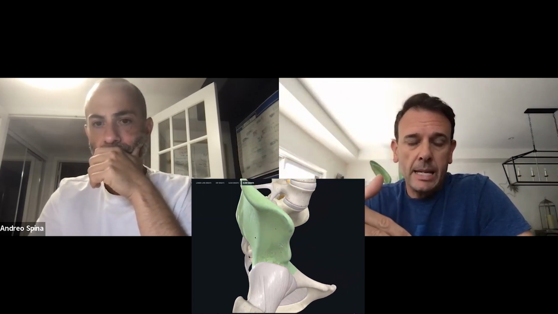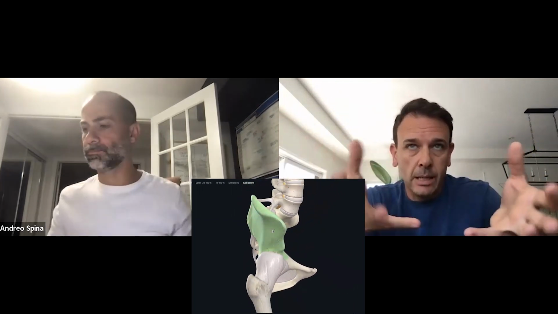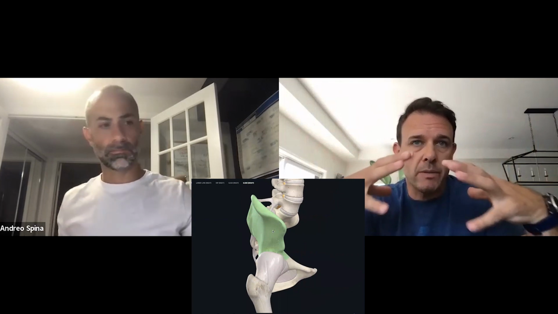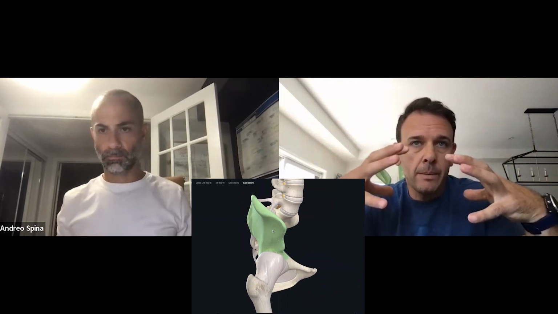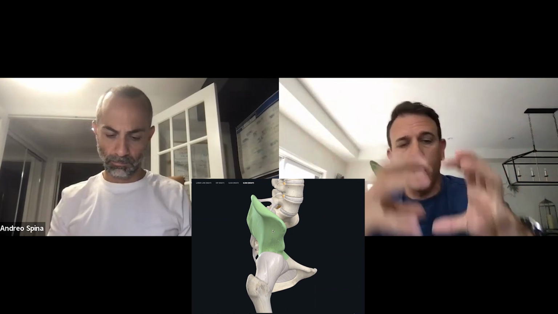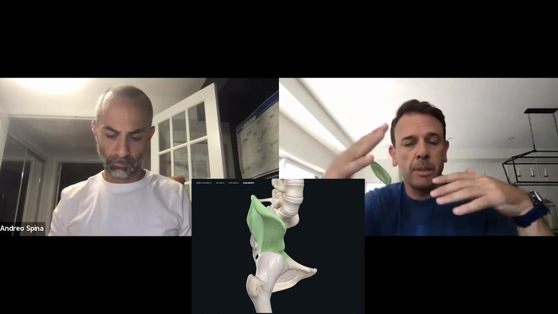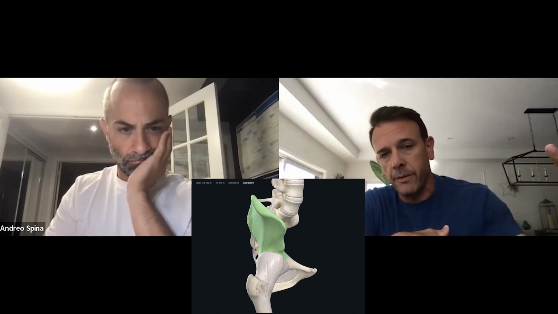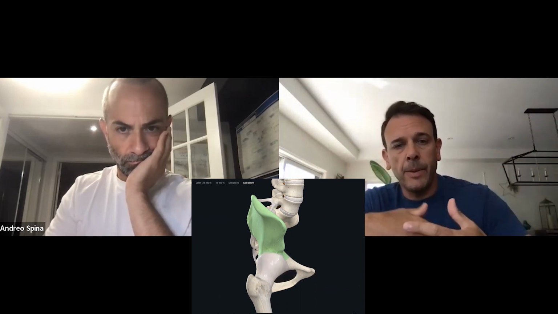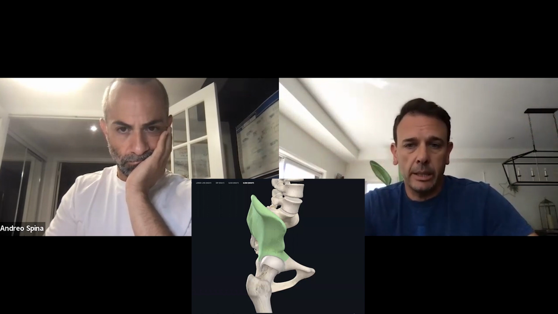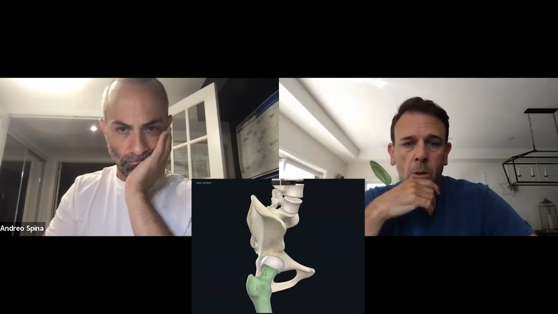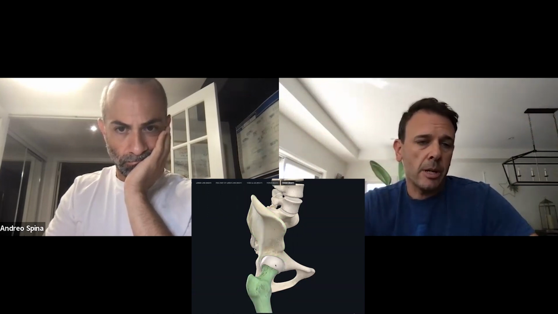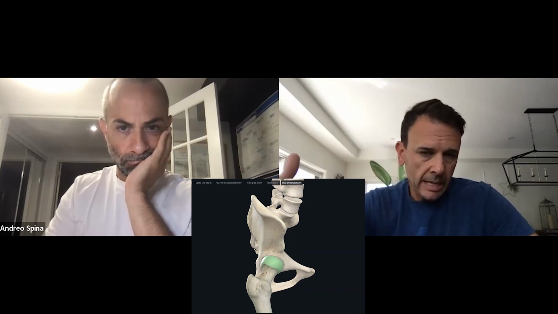So the space is the area inside the boundaries of the capsule that exists at the bony level. This space would be between the acetabulum of the ilium and the head of the femur, and that space has to be regulated appropriately. We have a certain amount of it anatomically.